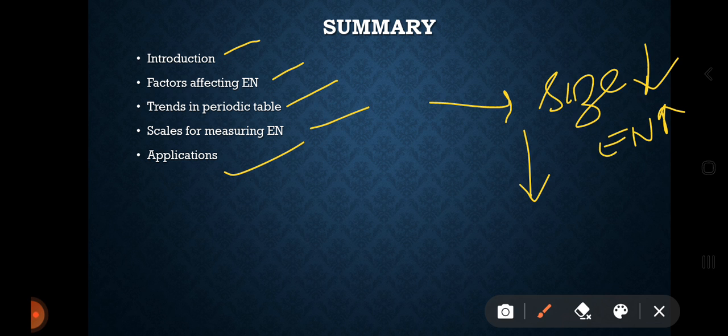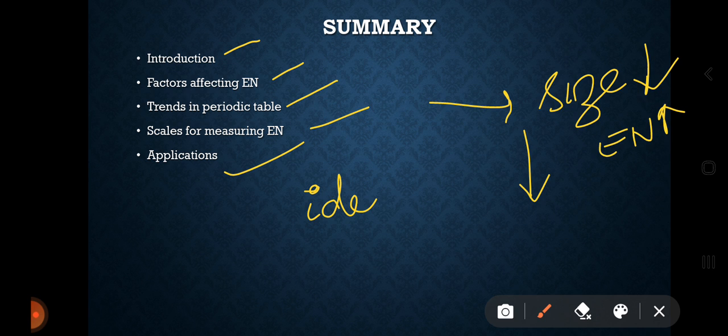One is in nomenclature, where I have said the more electronegative element must be written last with the suffix IDE. Next we have seen bond strength. As the electronegativity difference between the two atoms in the molecule increases, its bond strength also increases. Next we have seen percentage of ionic character.